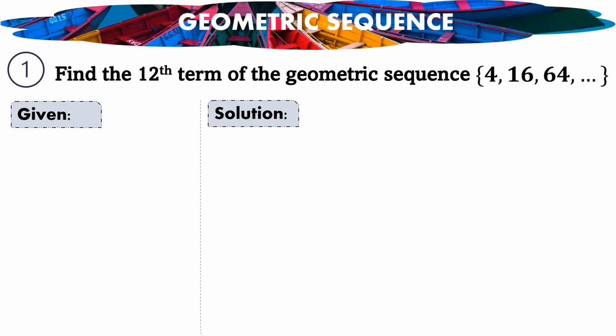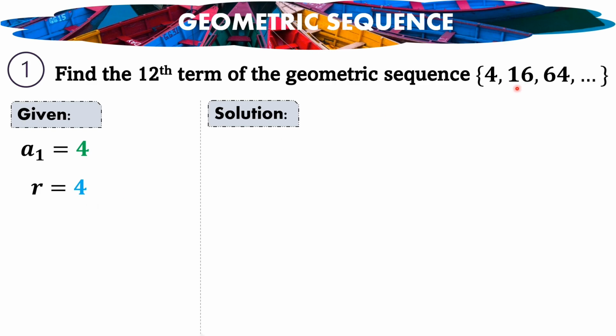Example number 1. Find the 12th term of the geometric sequence 4, 16, 64, and so on. Let us make a list of all the given. First term or a sub 1 is 4. r is equal to 4. Now recall how to find the common ratio.